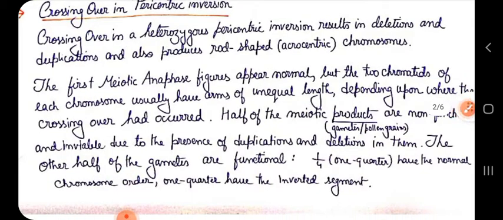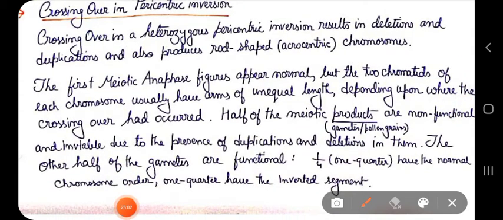The first meiotic anaphase figures appear normal. As we know, meiosis occurs two times, meiosis 1 and meiosis 2. After crossing over, when the cells undergo first meiotic anaphase, it appears normal.